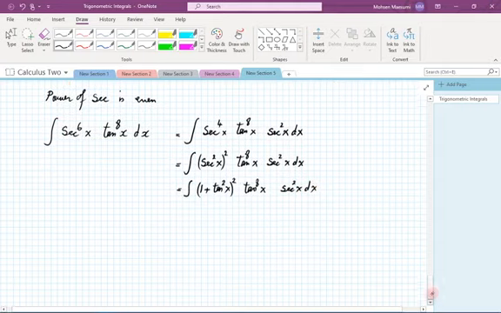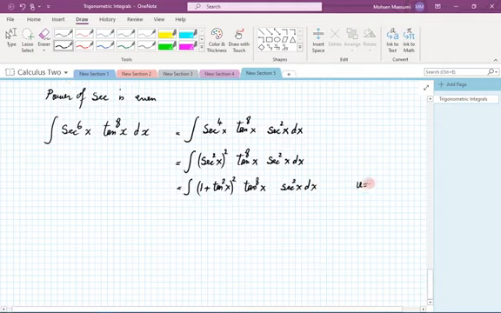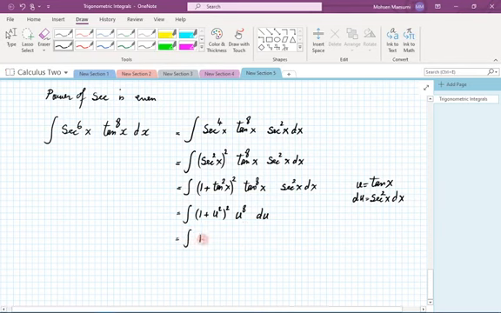If I make the substitution u equals tangent of x, then du will be secant squared of x dx, and as a result this is going to be (1 plus u squared) squared, then u to the 8, and then du. This became a polynomial integration, which means essentially the problem is over, because it's very easy from here on.